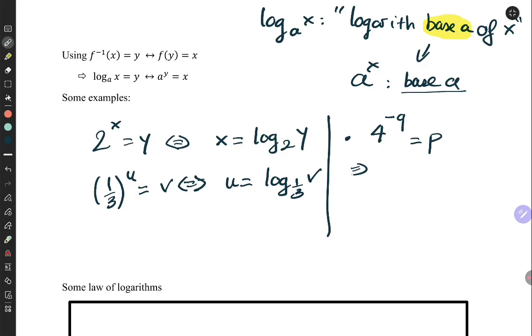What would be the inverse? Right now we just rewrite exponential in terms of logarithm.